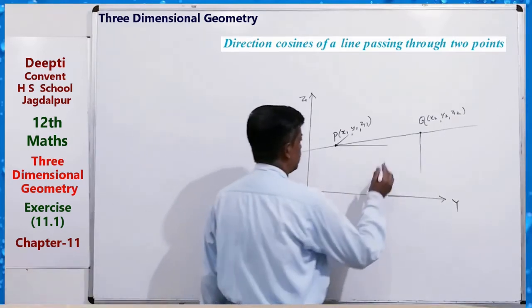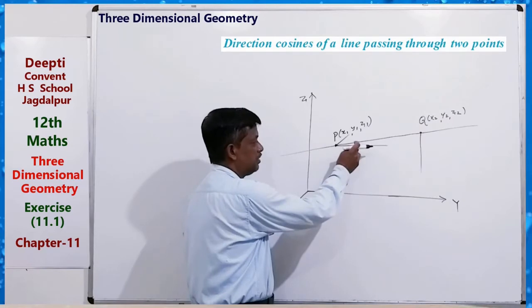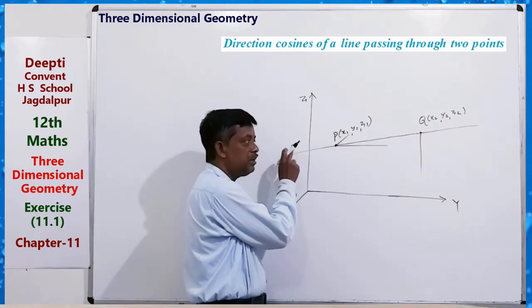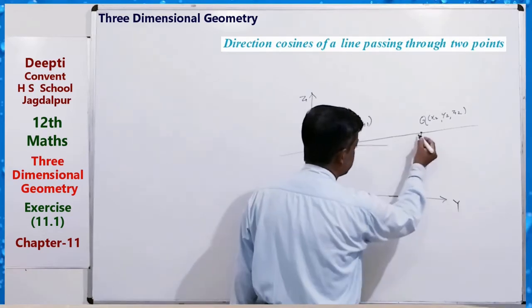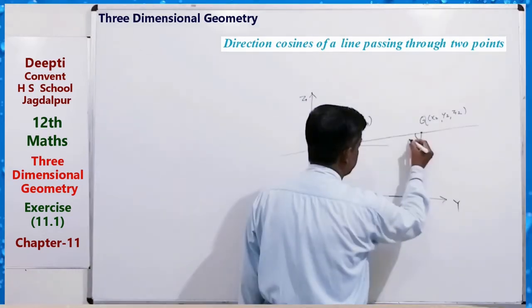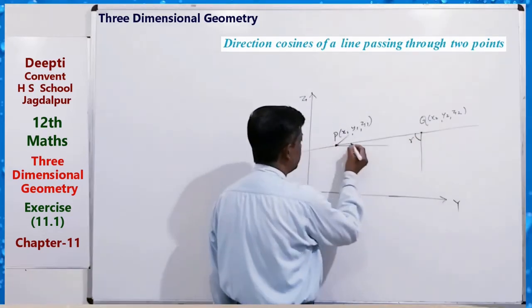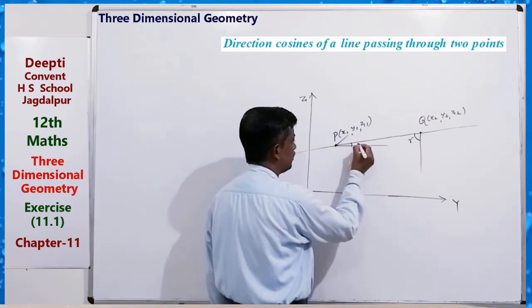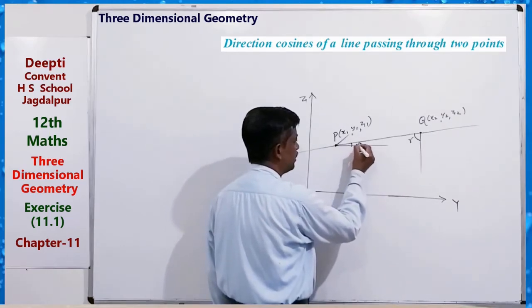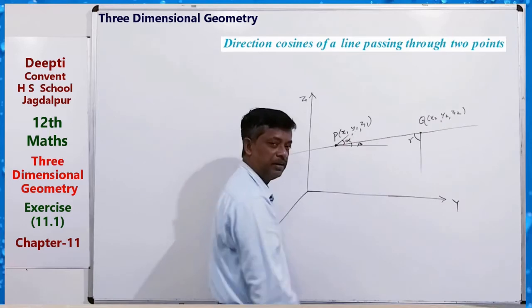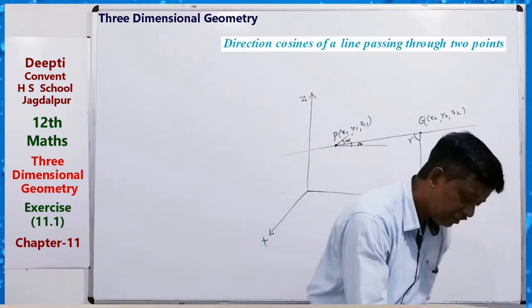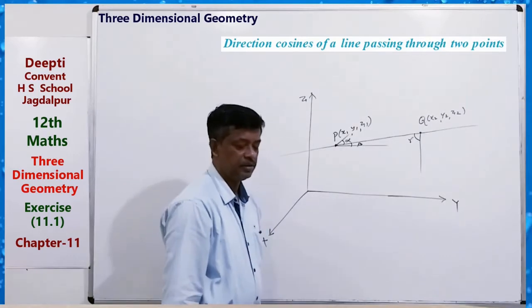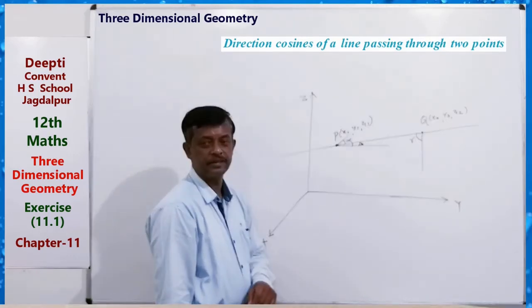Now, the line making an angle with the z-axis is gamma. Here it is beta, and here it is alpha. These are the angles it makes.